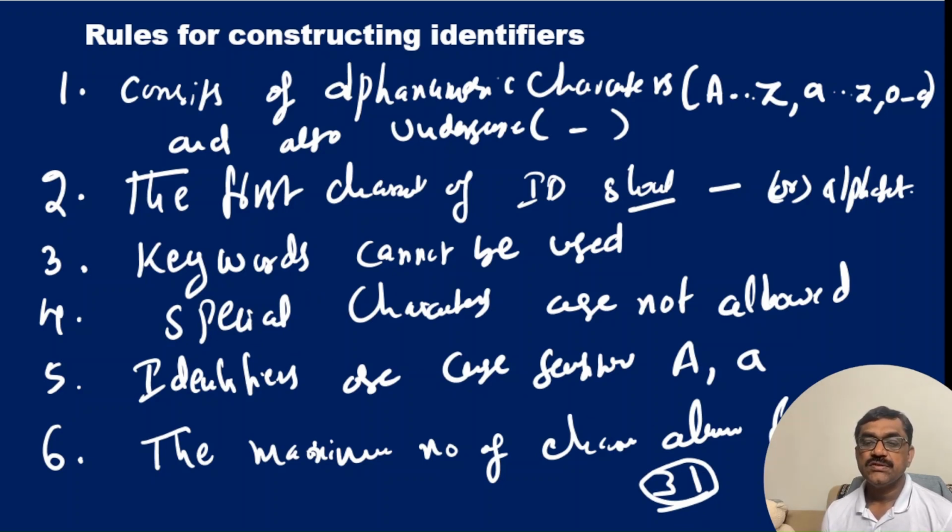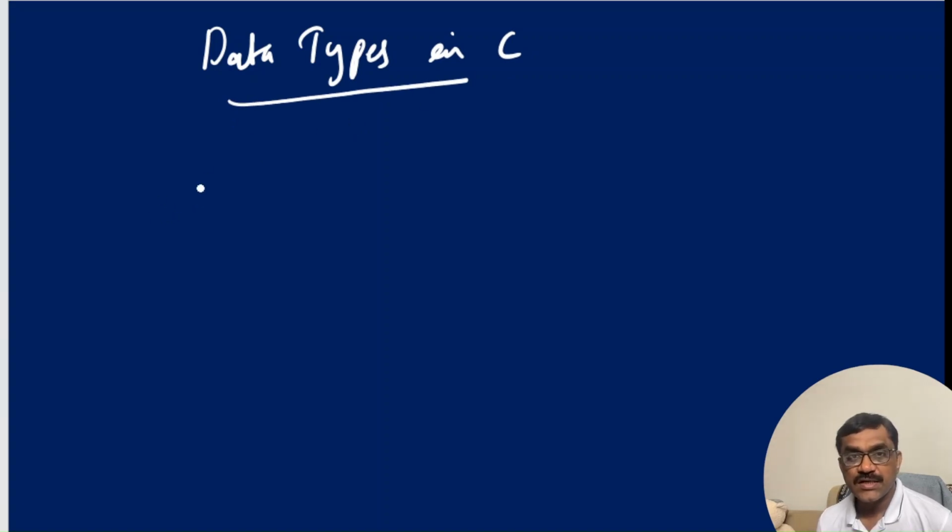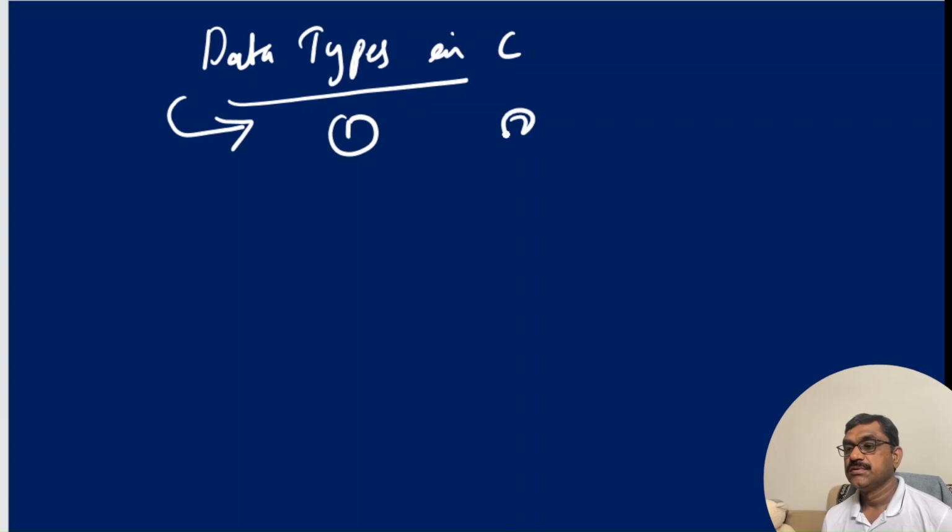After this, now we will see various data types in C. What is a data type? A data type simply refers to what kind of data is stored in memory with specific variables. Data types are basically divided into two types.